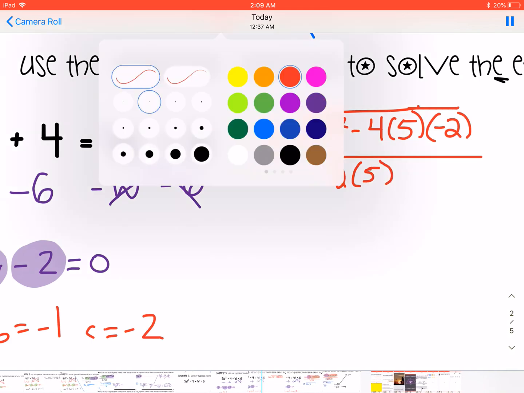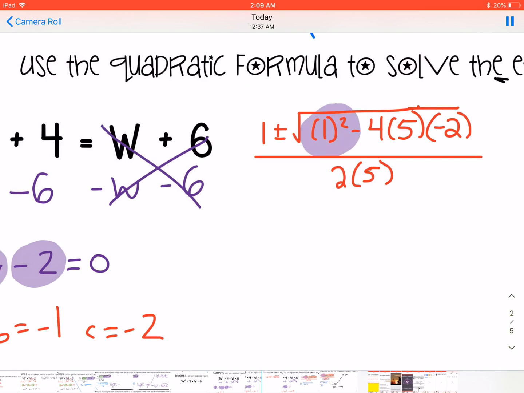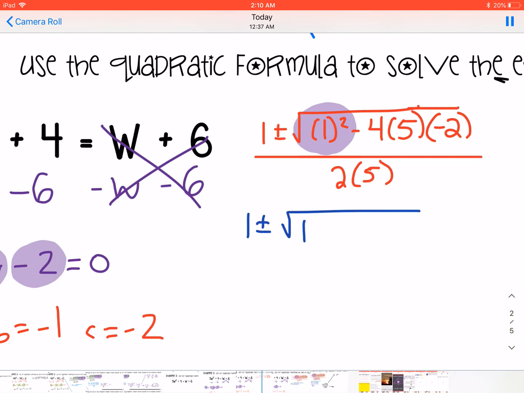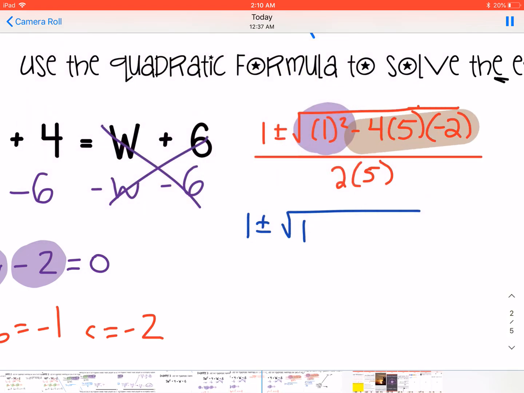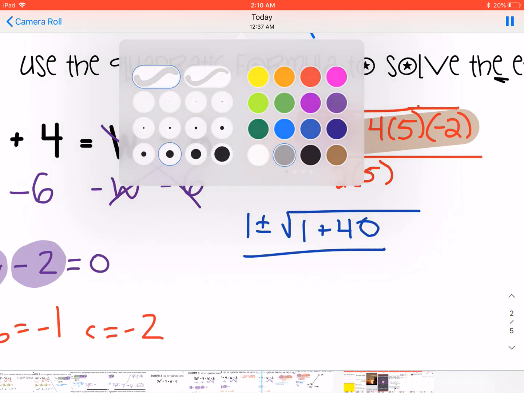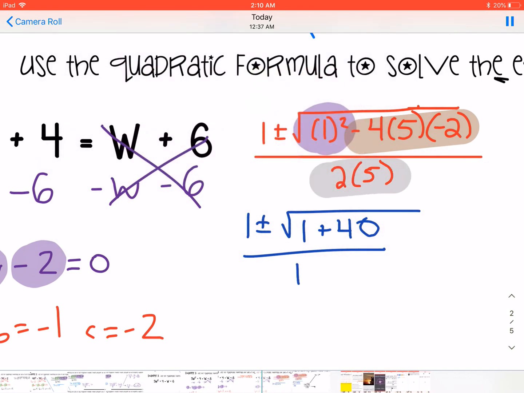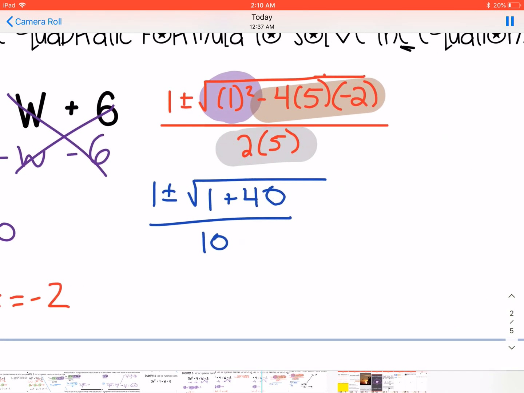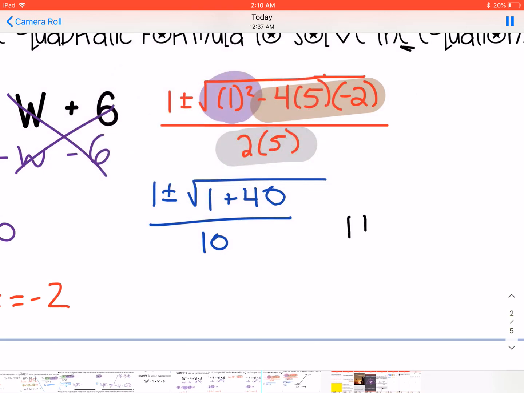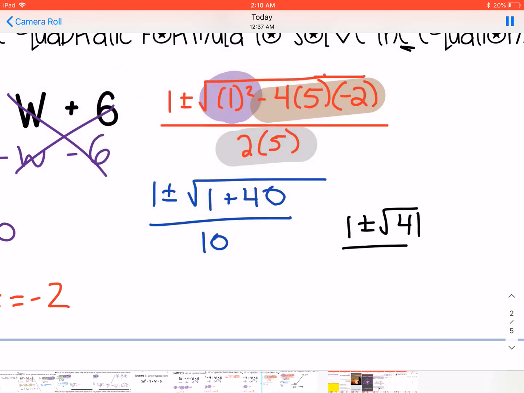I would then need to simplify what's in my radical. 1 squared would be 1, so I'd have 1 plus or minus the square root of 1, and -4 times 5 would be -20. -20 times -2 would be a positive 40. And 2 times 5 is 10. So that would be the same as positive 1 plus or minus the square root of 41 all over 10.